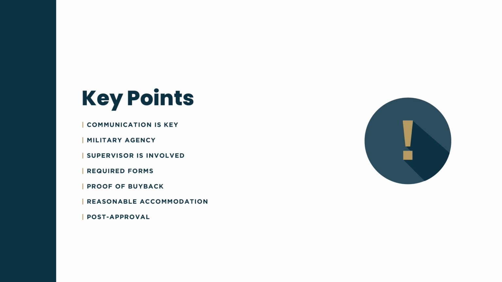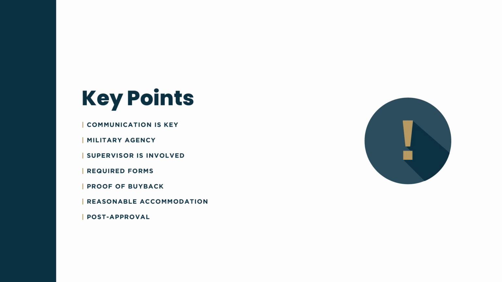And while that was a lot to talk about in regards to agencies, it's by no means exhaustive when we're talking about issues that come up. But just to circle back and recap a little bit, it's really important to communicate with your agency. That goes a really long way.